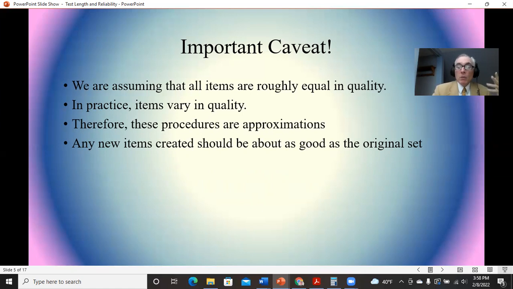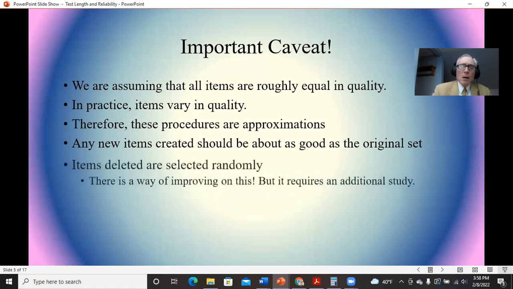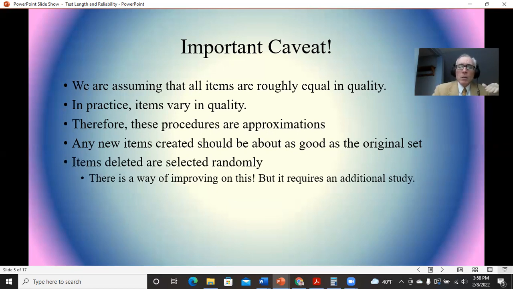They have to be about as good as the ones we had to begin with. And that can get hard after a while, by the way, without virtually repeating questions, which is just annoying. And likewise, items that we're deleting, we're basically selecting randomly. So on average, they're going to be average items. Now, there is a way of improving on that. We'll get to it at the very end. It requires a little extra data collection and analysis, but you can do better than that.